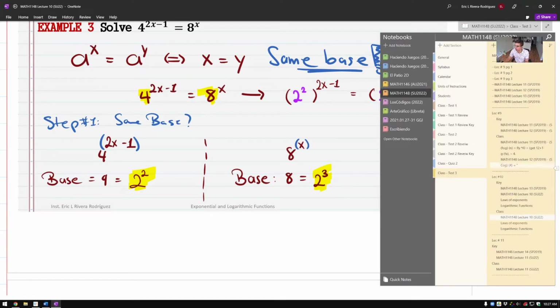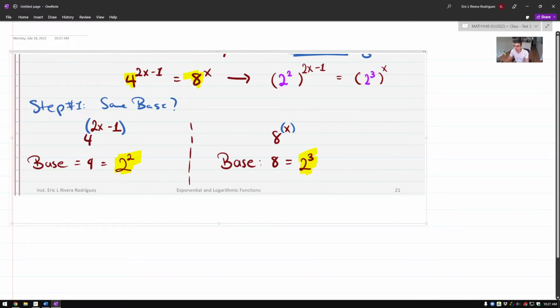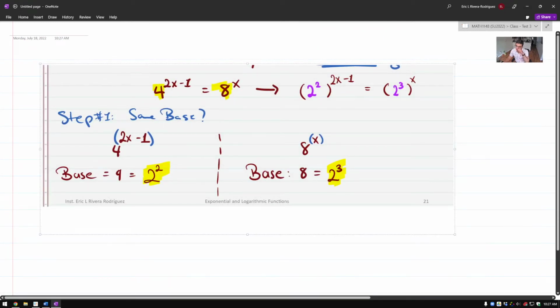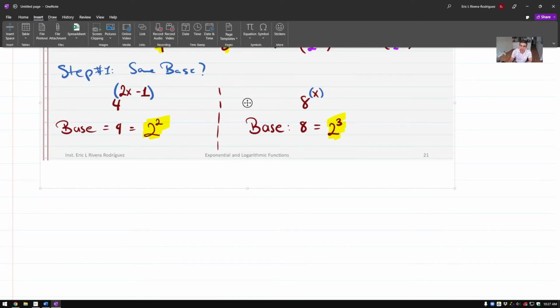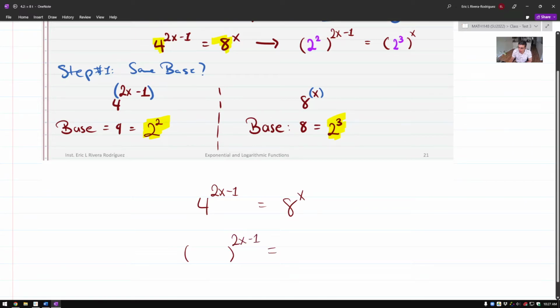Let me open a new page because we need more space. Let me rewrite all this. So we start with 4 raised to the power of 2 minus 1 equals a to the x, and then we identify that 4 and 8 can be rewritten as powers of 2.